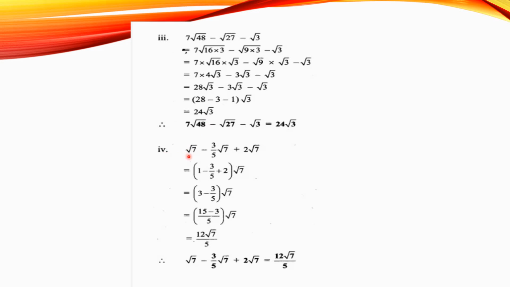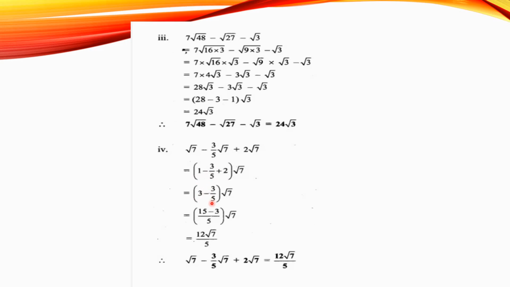Fourth question, that is root 7 minus 3 by 5 root 7 plus 2 root 7. Now here in all the terms we have root 7 common. So we will take root 7 outside the bracket. Inside the bracket we have 1 minus 3 by 5 plus 2. So 1 plus 2 we can write as 3 minus 3 by 5.